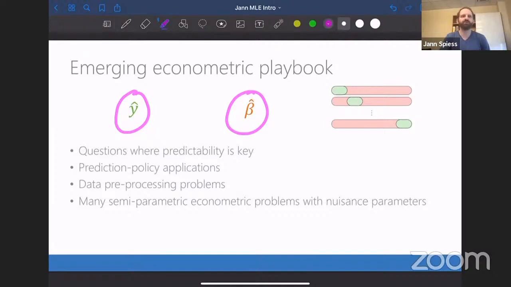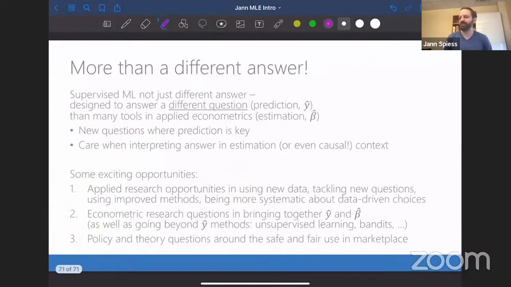And I saw that one of you posted a link to some recent work by Greg Lewis in chat, which I also like a lot. It combines those two by using smart sample splitting that guarantees certain estimation qualities, while also leveraging high prediction quality.